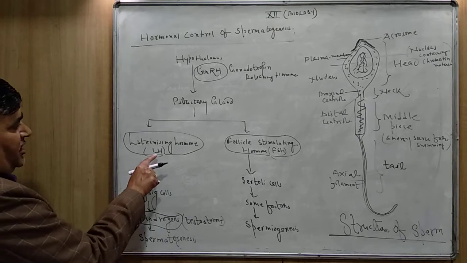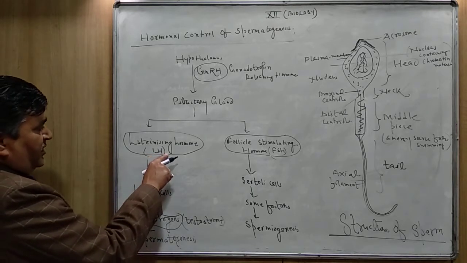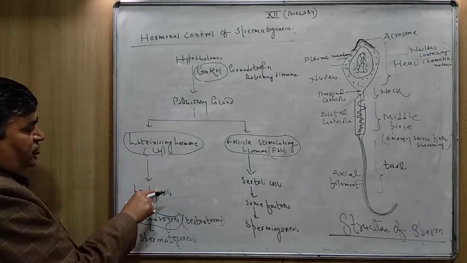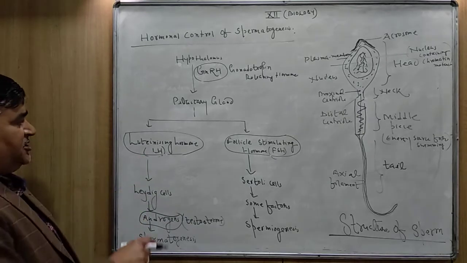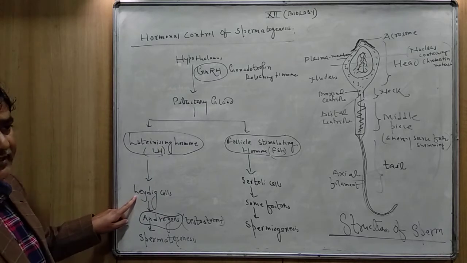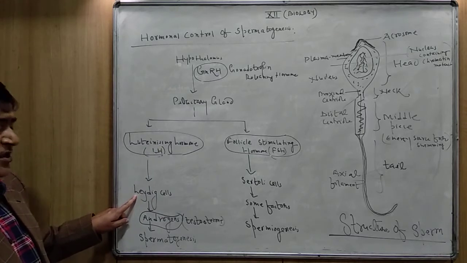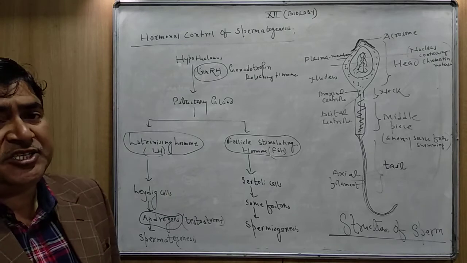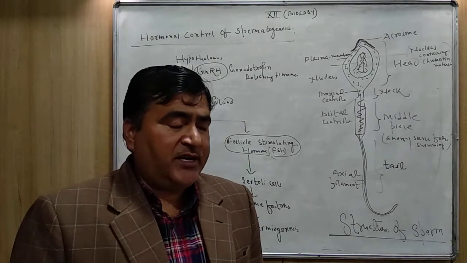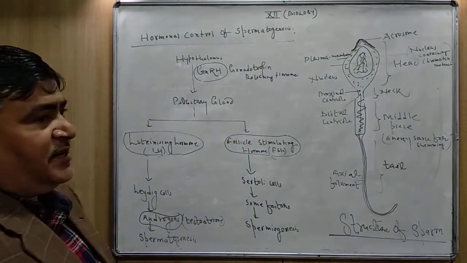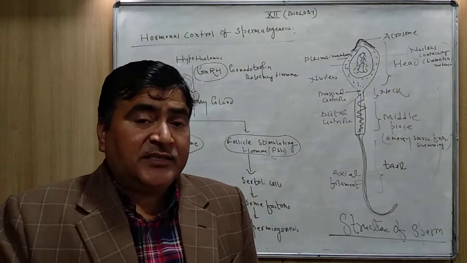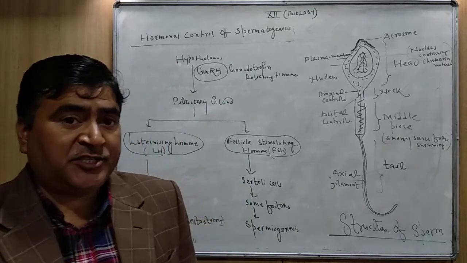Now this LH hormone, luteinizing hormone, goes to the testes, and inside the testes it stimulates Leydig cells, or you can say interstitial cells. I have already taught that the Leydig cells, or interstitial cells, lie inside the testes, in between the seminiferous tubules.